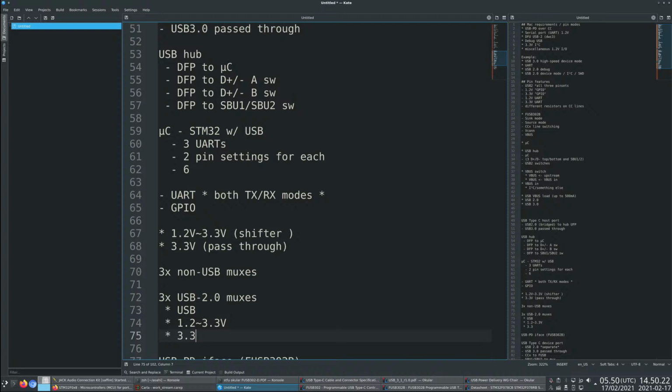Sniffing SBU1 and SBU2 would be useful for people to run TBT. What's the protocol over SBU1 and SBU2, the low speed stuff for TBT? What kind of PHY does the low speed stuff use? I don't know about the TBT stuff. So Rod's talking about sniffing not just the CC line for TBT, but also SBU1 and SBU2, and that's a good point.